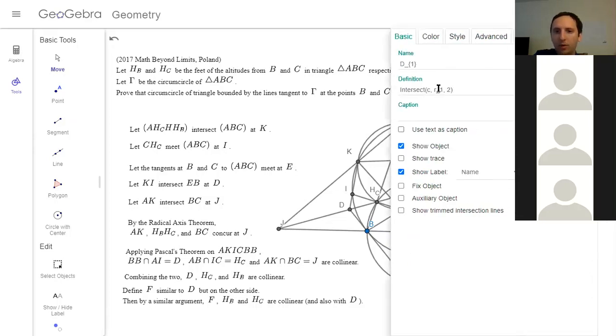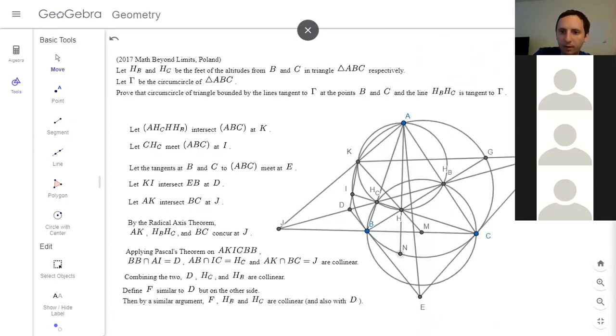Okay. So let me call this something else, maybe N. So KN and E are collinear. Hold on just a sec.